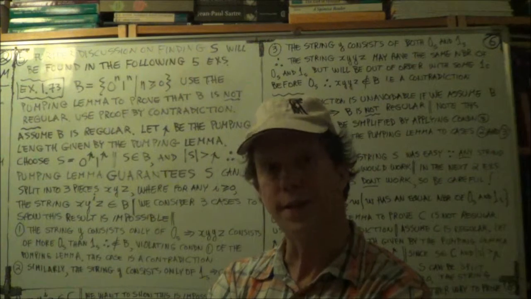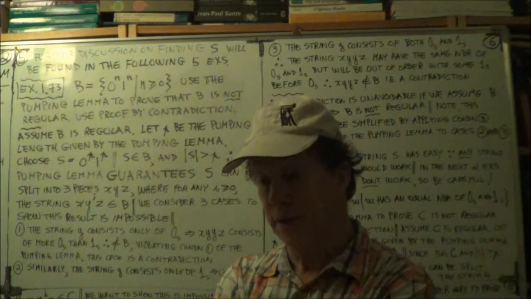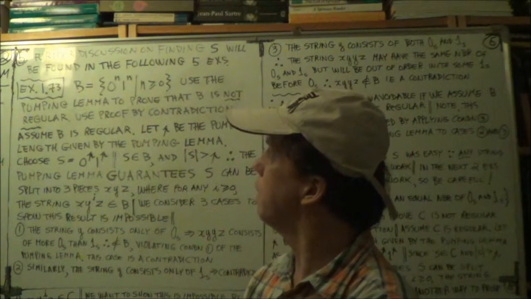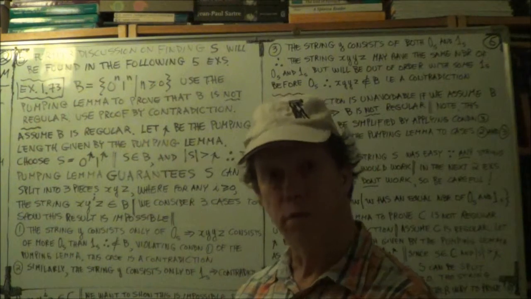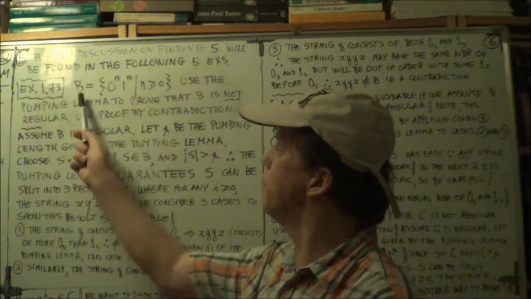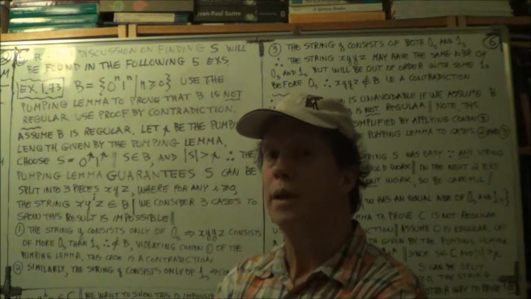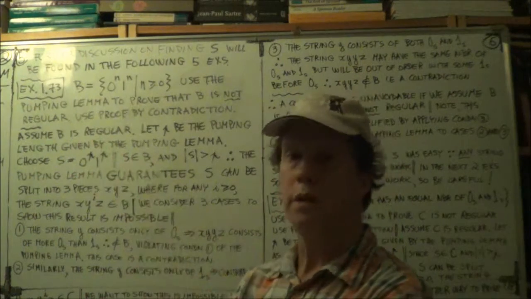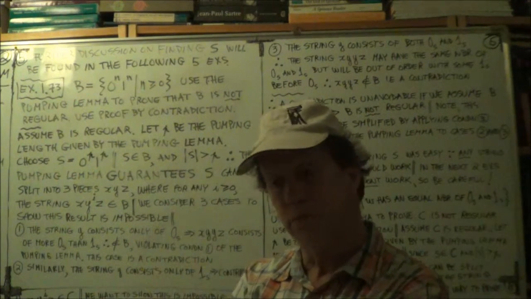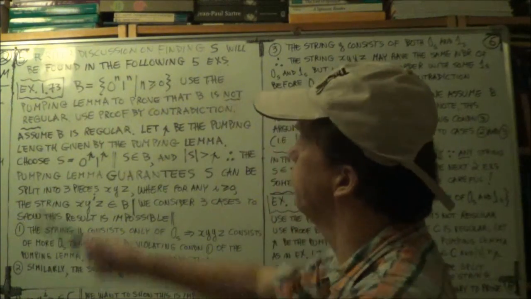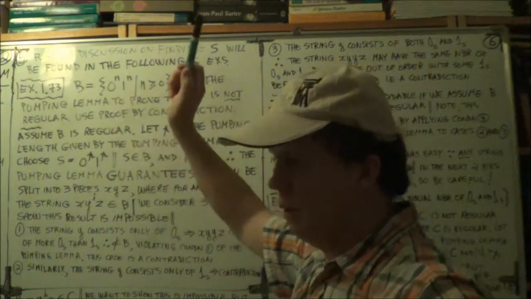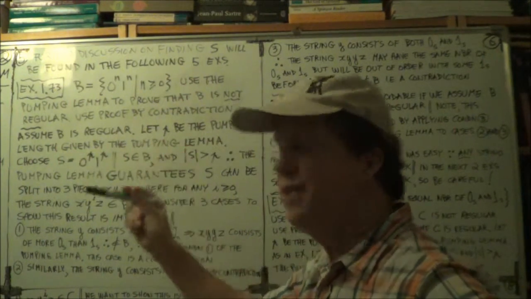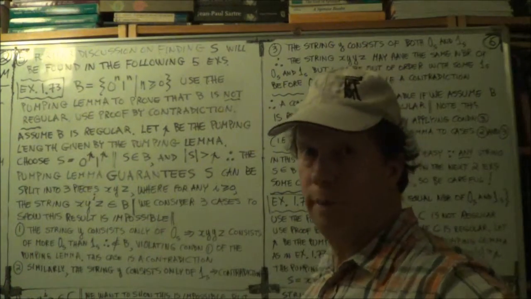We've found a string S that cannot be pumped, and therefore the pumping lemma doesn't follow. But the pumping lemma was a consequence of B being regular. But we have a counterexample to the pumping lemma. Therefore, this language here cannot be regular. And we've done it, right? So we've proved via proof by contradiction, using the pumping lemma, that this language is non-regular, right?